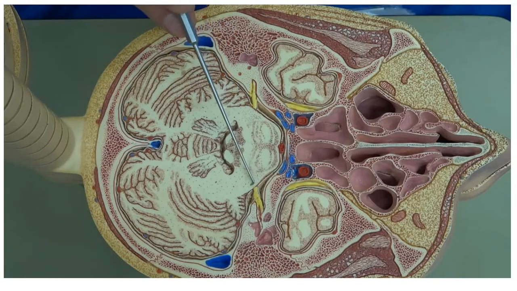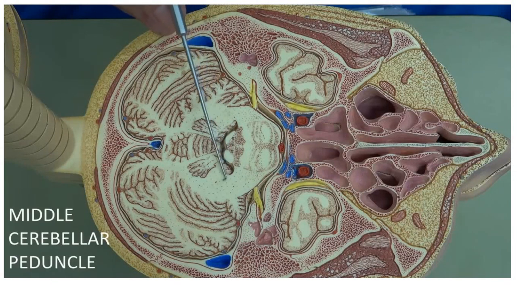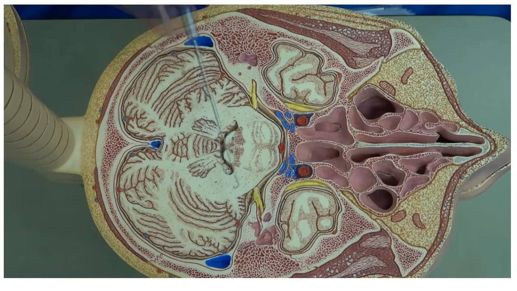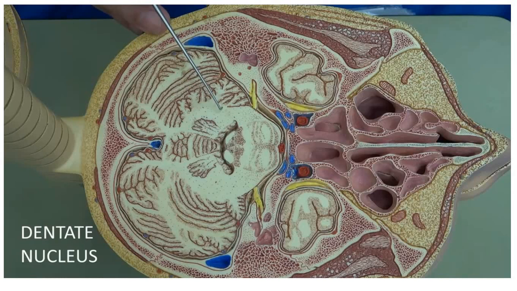The pons, as we already know, extends laterally and then changes its name to the middle cerebellar peduncle. In cerebellum we can still see the vermis, two hemispheres, and on this level the dentate nucleus.